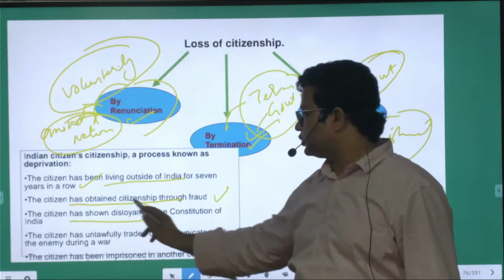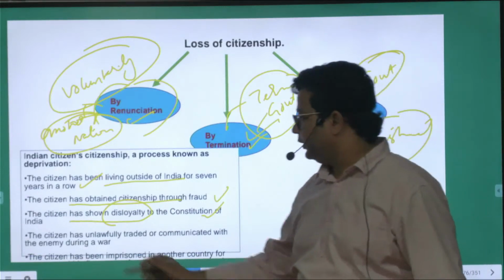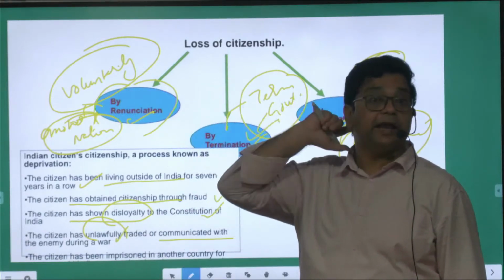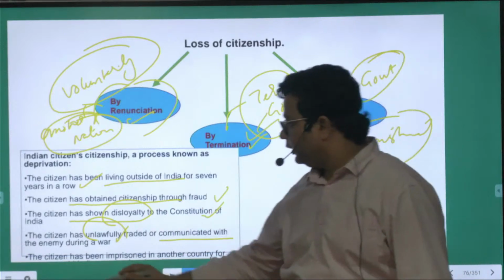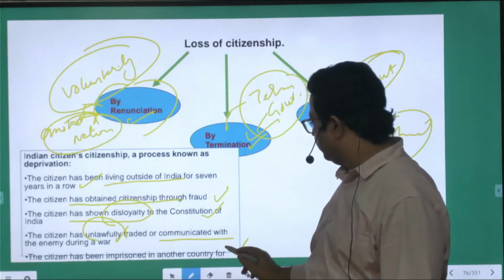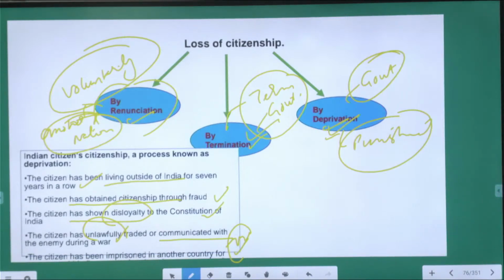If the citizen has shown disloyalty to the Constitution of India, then also citizenship can be deprived. If the citizen has unlawfully traded or communicated with the enemy during the war, an enemy alien, as I said. Yes or no? If the citizen has been imprisoned in another country for 2 or more years, his citizenship will be deprived. These are the conditions. Clear? So this is the way deprivation or loss of citizenship happens.